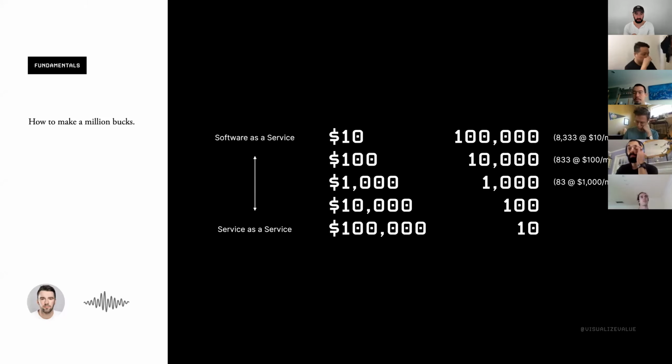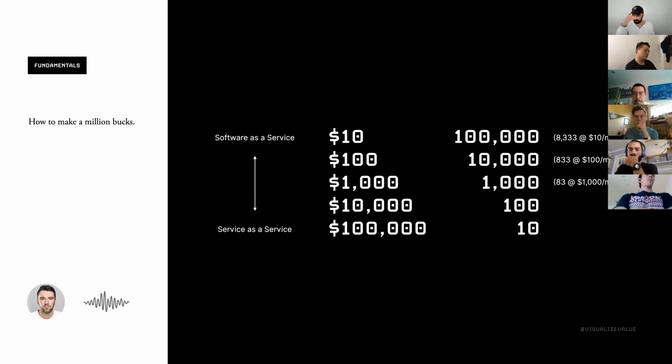And 8,333 people is not a small number either, especially if you account for the fact you need all 8,300 of those people to not cancel at some point during the year. So just to get a perspective for the numbers here, based on your goals and based on the speed at which you want to move, generally speaking, the bottom of this diagram is the faster way to get to a higher revenue number than the top.